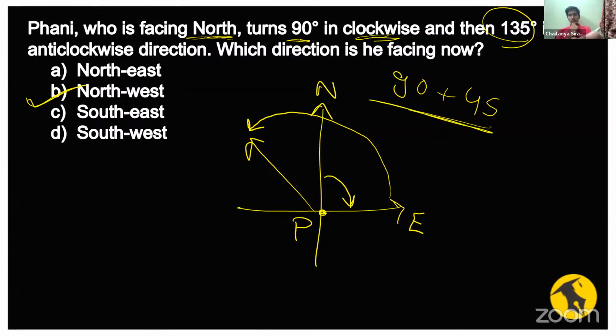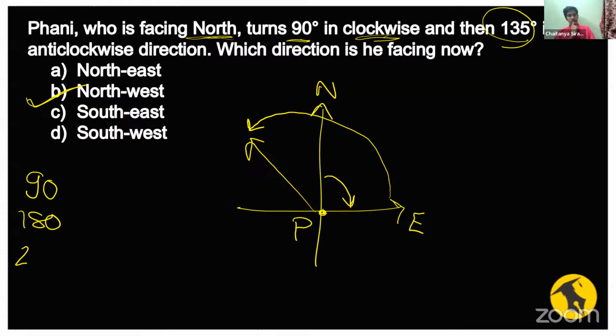I'll also tell you some values which you can remember to solve these questions easily. So all multiples of 90. Let's say you are facing north at the beginning. So 90 degrees clockwise would give you east.